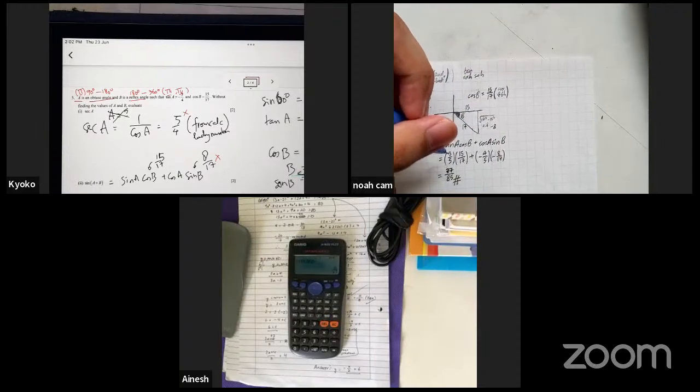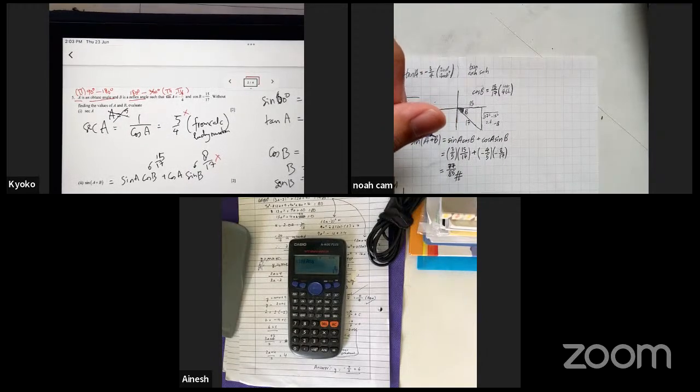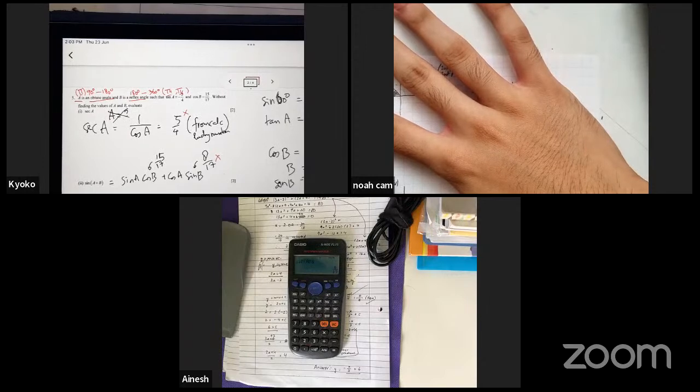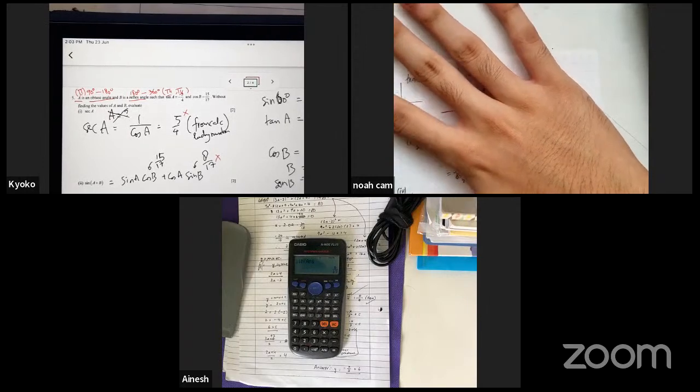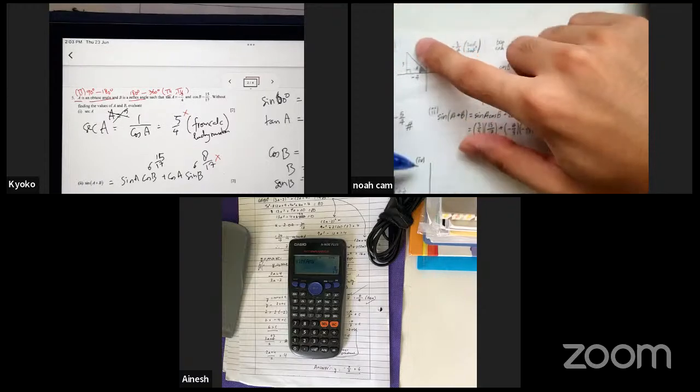Look at cosine. Cosine 28.1. Ainesh, please find for me 28.1 in the graph. What is 28.1 degree? I don't know, maybe like here. Give me a rough one. Okay, that's in the middle, so that's 45 more likely. So be a bit more accurate. 28.1 is probably more towards... You see it?